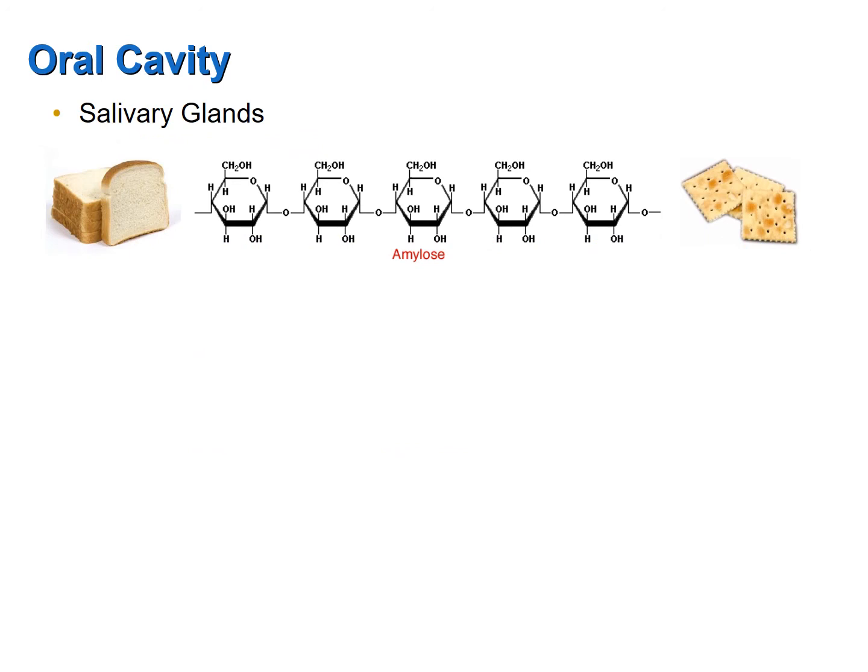I'd like to talk a little bit more about amylase. So I mentioned that amylose is the only polysaccharide that is digestible by humans. Amylose is the starch found in foods such as crackers or bread.